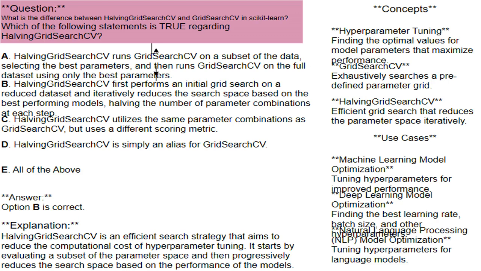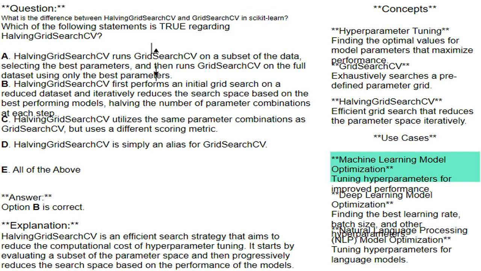This makes it significantly faster and more scalable for large parameter spaces. Machine learning model optimization, tuning hyperparameters.